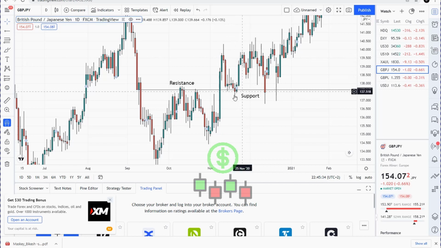Once price comes back to test that old broken resistance, and you see signals, for example, this one was a bullish market, a signal of bulls trying to push price to the upside, then you can buy, you can go long. But if it's on the downside, then you will short the market.